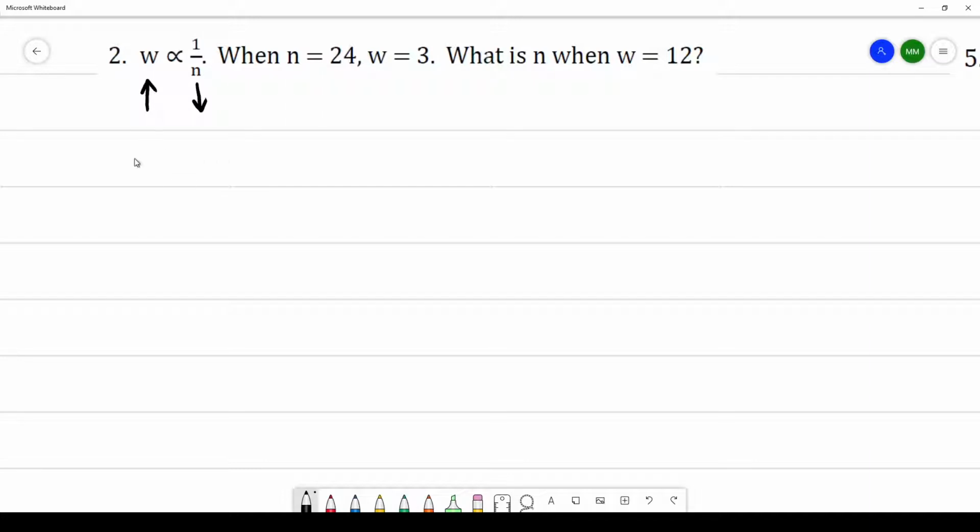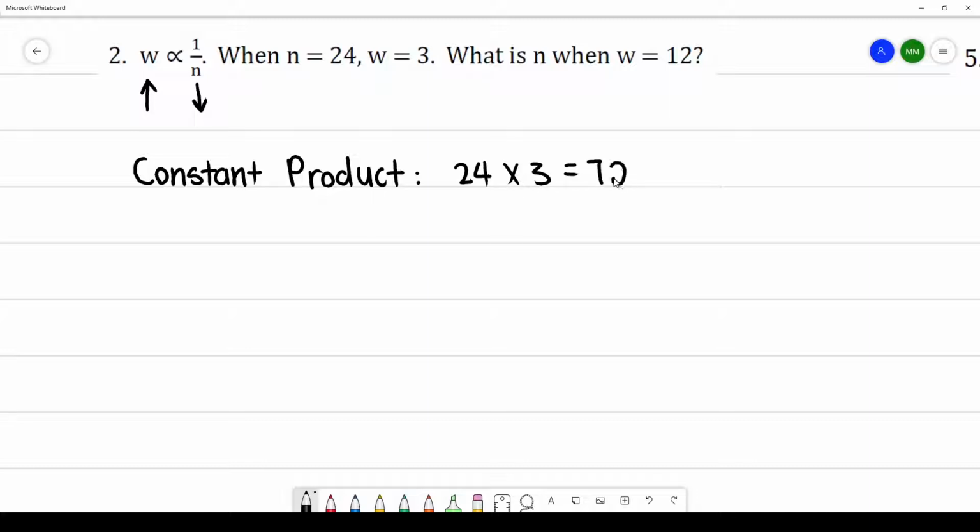If we find the constant product, that is 24 times 3, and that's equal to 72. So no matter how n and w change, they will always multiply to 72.